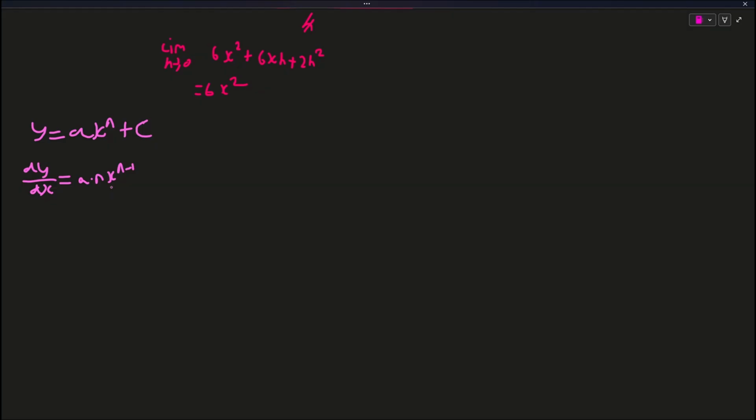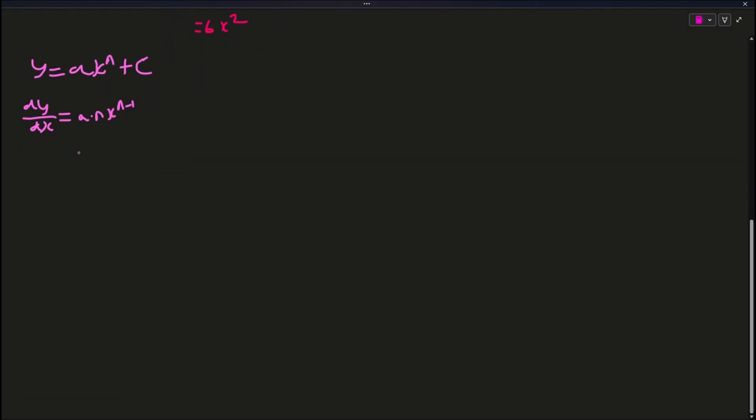And why is that? That is because in the case where c is a constant, c is the same as cx to the 0, because x to the power of 0 is equal to 1.